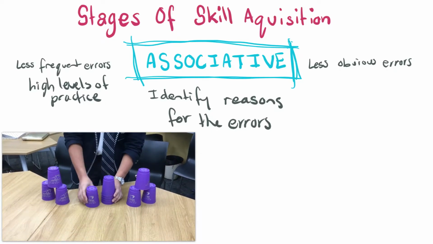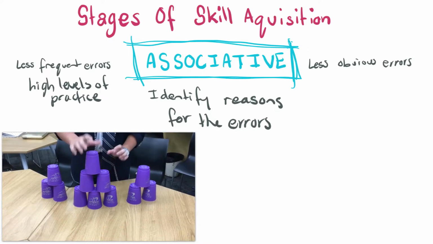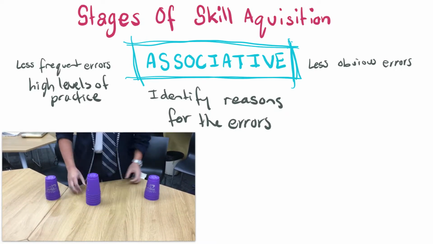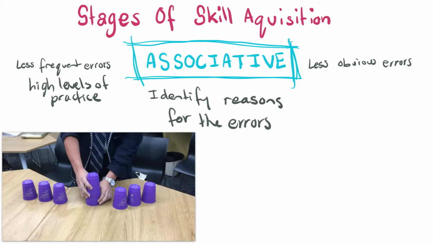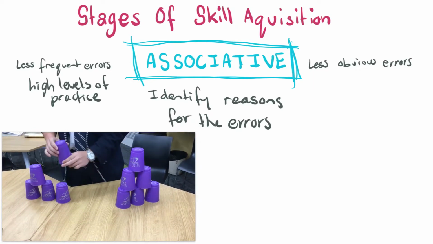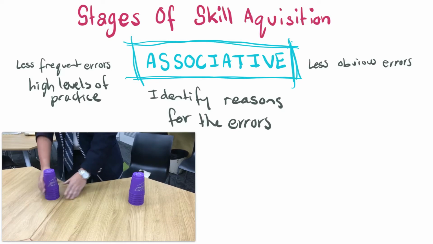The next stage of skill acquisition is the associative stage. And at this stage, you've got less frequent errors due to high levels of practice. So an athlete will make less errors and less obvious errors because they're practicing over and over again. When they get to sort of the higher end of the associative stage of skill acquisition, they're able to identify reasons for why they're making errors.